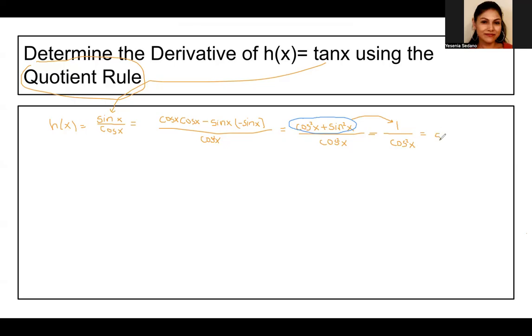So this is going to become not just secant of x, but because this cosine is squared, it's going to become secant of x squared. And we have now thus proven that the derivative of my, sorry, let's be formal, the derivative of my tangent function.